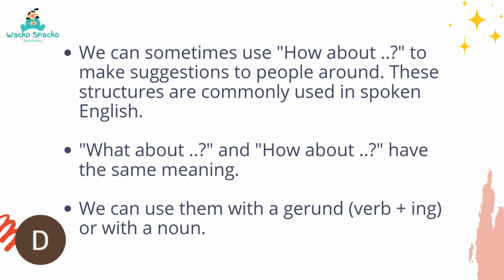As we said, "what about" and "how about" have the same meaning, and we can use them with a gerund. A gerund is a verb followed by ing, and it can be used as a noun in a sentence. So a verb plus ing, or with a noun.